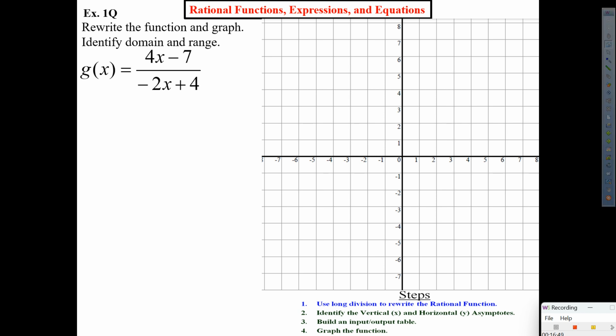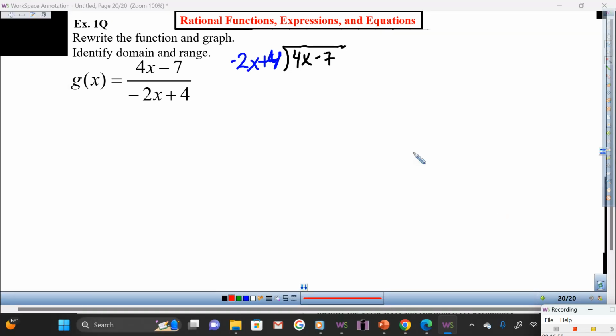I'll give you a head start. Copy and go. All right, let's see. You should have written negative 2x plus 4 dividing into 4x minus 7, yes? So, what number times negative 2x gives me positive 4x?